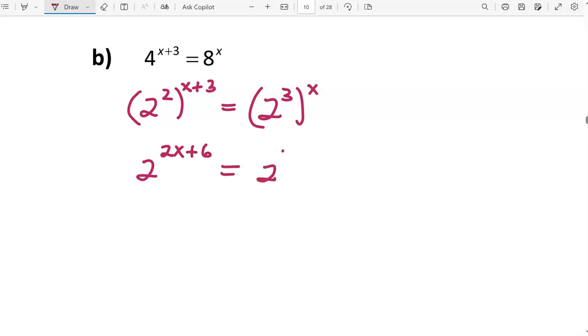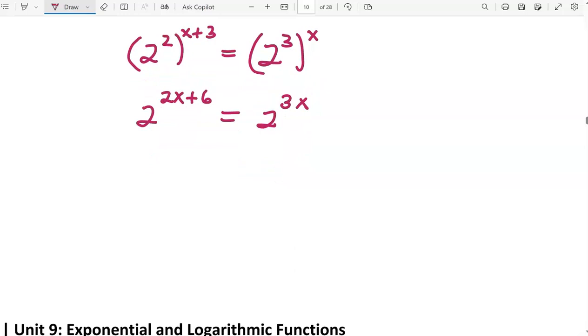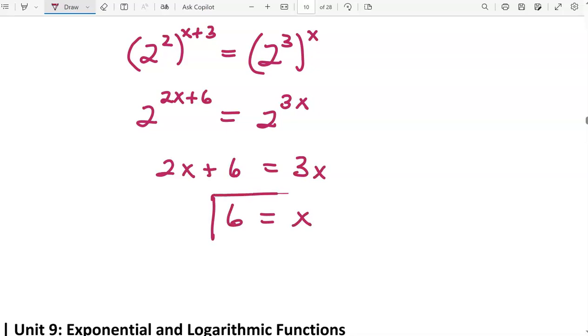And then same thing on the other side of the equation. 2 to the 3rd raised to the x power is 2 to the 3 times x power. Now that we have both sides as powers of 2, we can simply equate the exponents and solve. And so subtract 2x from both sides, and we get x is equal to 6.